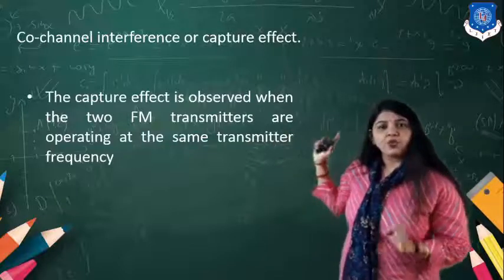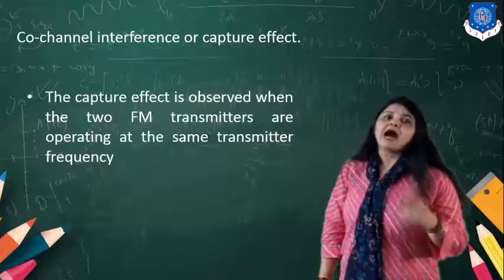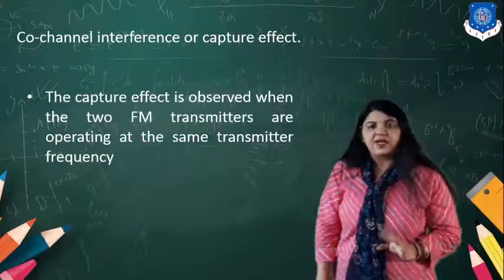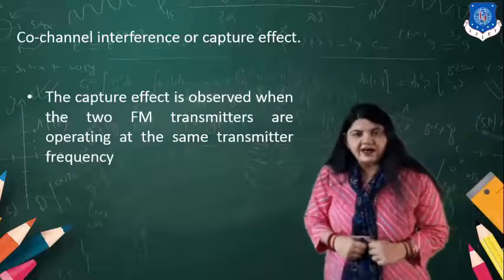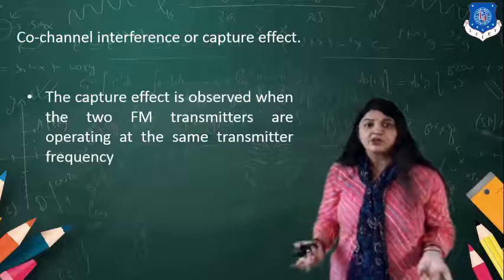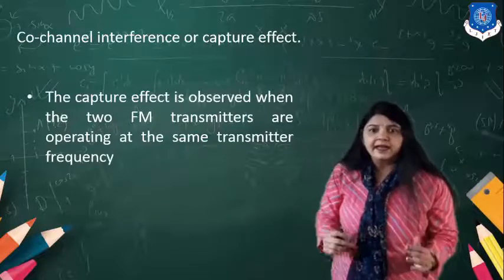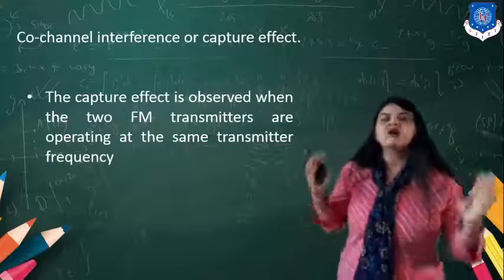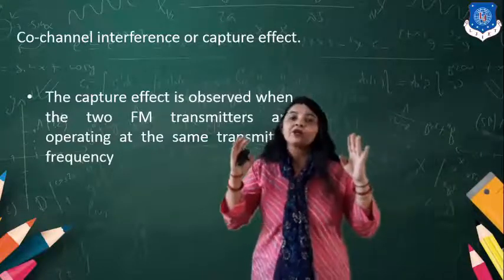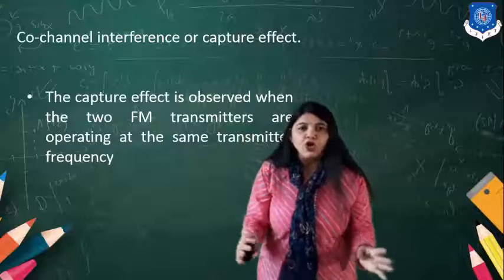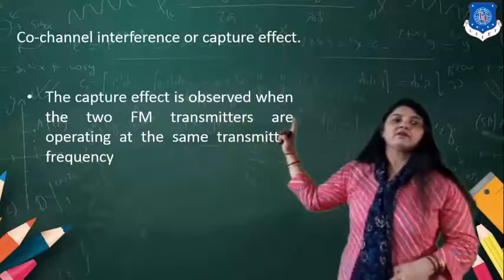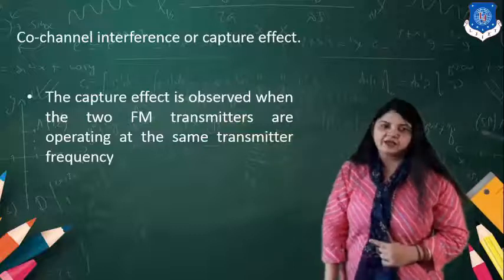It is observed when two FM transmitters are operating at the same transmission frequency. As we want to take advantage of the reuse of the frequency, at that time we have to follow some protocol. After following the protocol of reusing the frequency, we can avoid the co-channel interference.